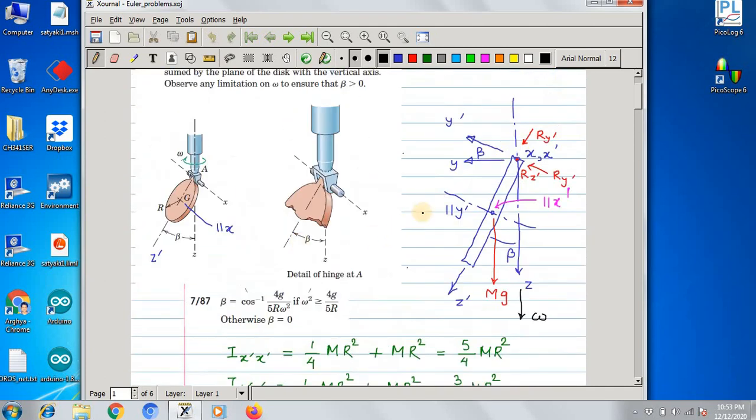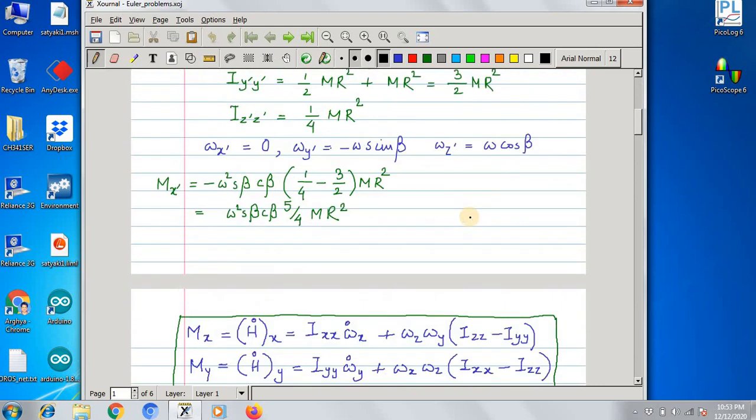Mx dashed is the moment applied on the disk about this point, that is the moment due to the external forces, that is the weight here. So mg multiplied by r cos beta.